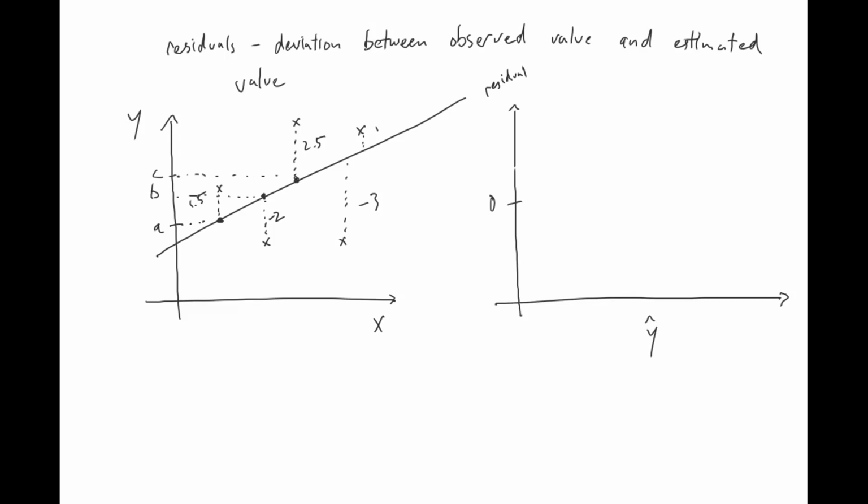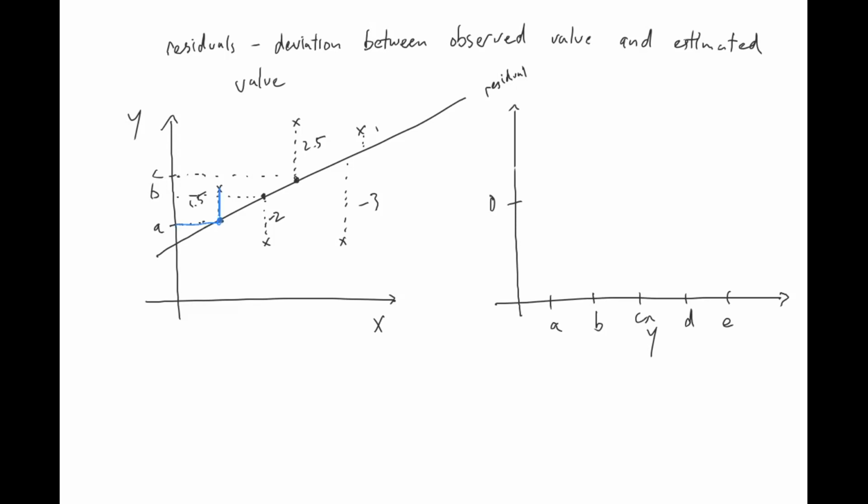So then I could divide this up something like this, A, B, C, D, E. And then I would match the corresponding values. So at A, right, this would be this value here.